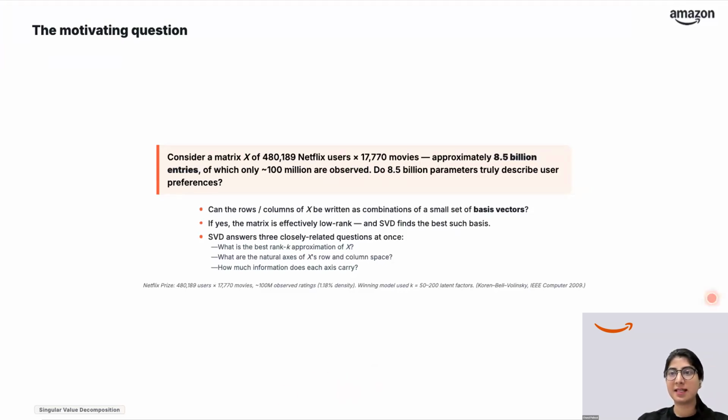This seems like high dimensional data, but there is correlation and information involved in it. Location data would be correlated, and temporal data would be correlated. So we don't need all the m and n dimensions to capture the information of this matrix. We can find a small set of basis vectors that contains the majority of the information, and we will see how we can do that using SVD.